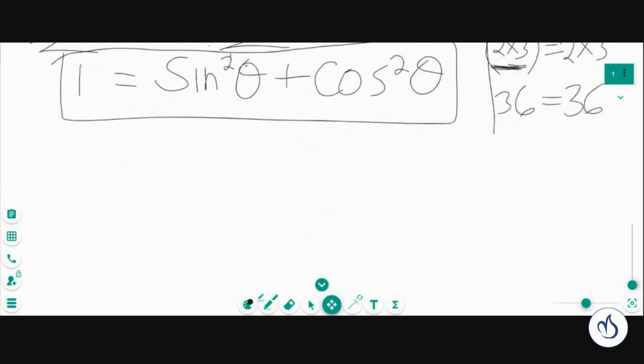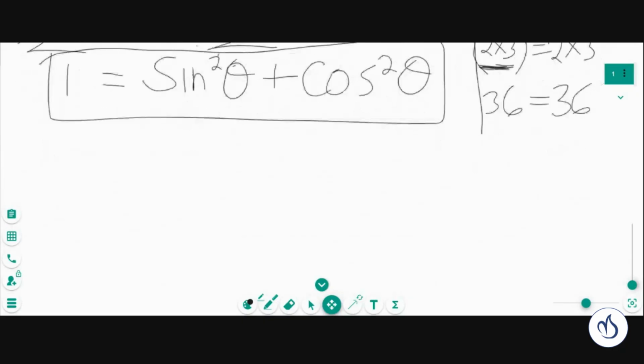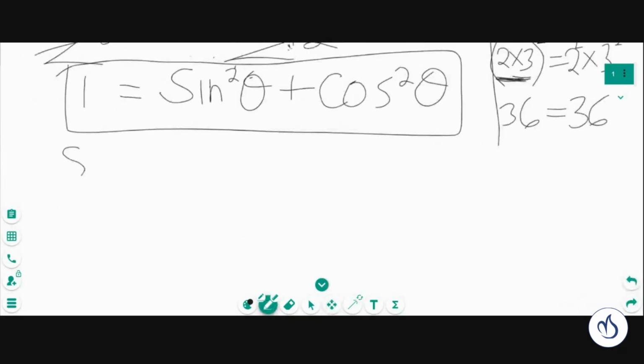One of the trig functions we've not talked about is called sec. Sec in full is secant. Sec of an angle theta is 1 out of the cosine of the same angle.